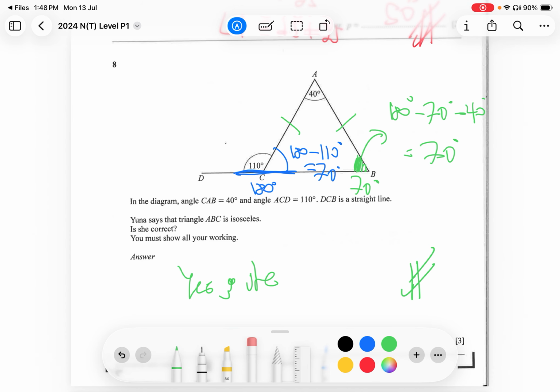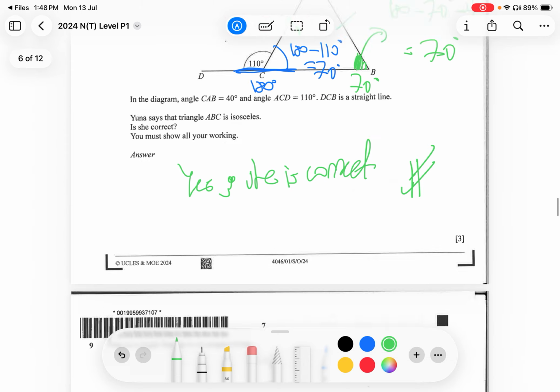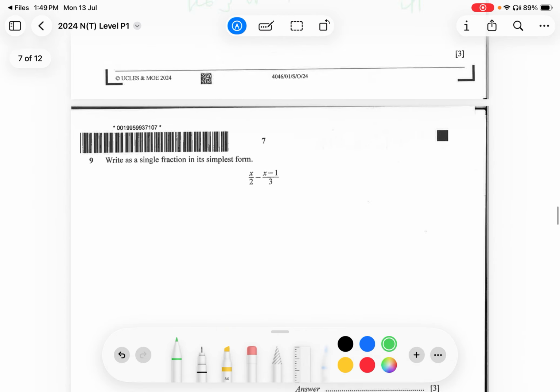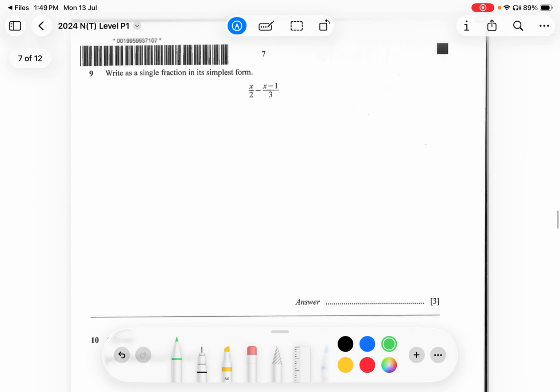Okay for this. The next one. Write as a single fraction in its simplest form. So I must make a common denominator. This one times 3, 3x over 6.